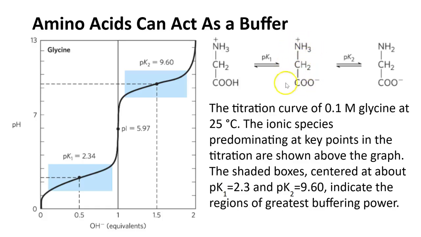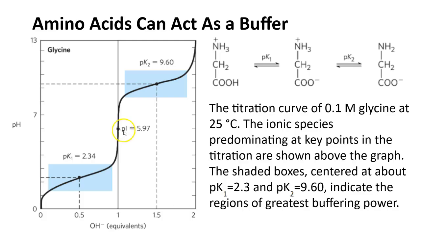And so when you continue to add base, more of this carboxylic acid group is being deprotonated, where this is now the major species, and that is at this point right here, what is called the isoelectric point.